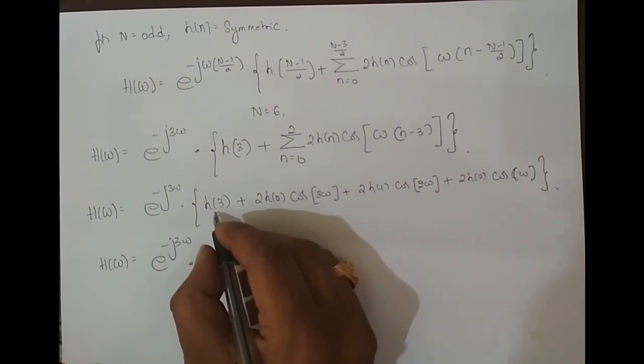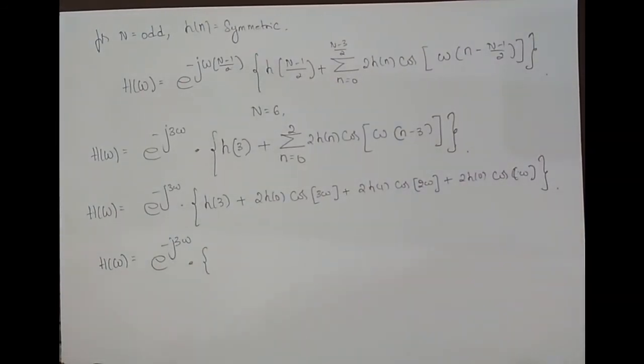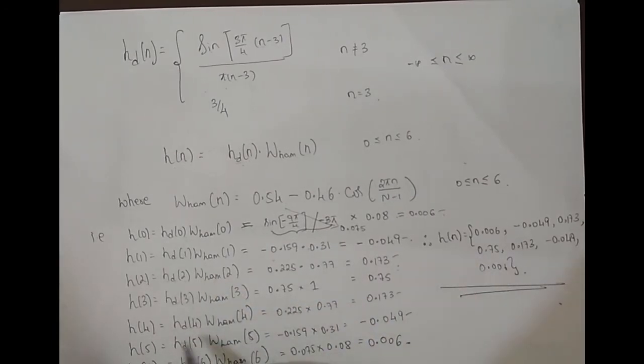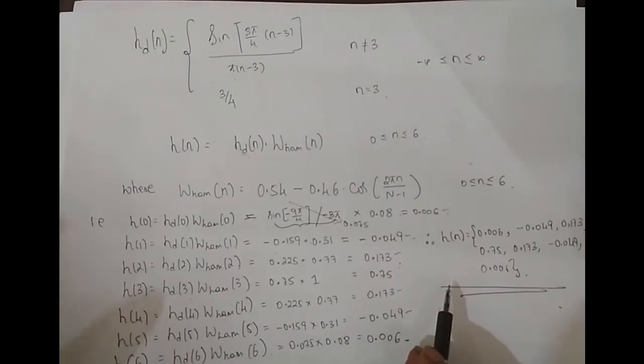So what is the value of h of 3? h of 3 is 0.75, right?